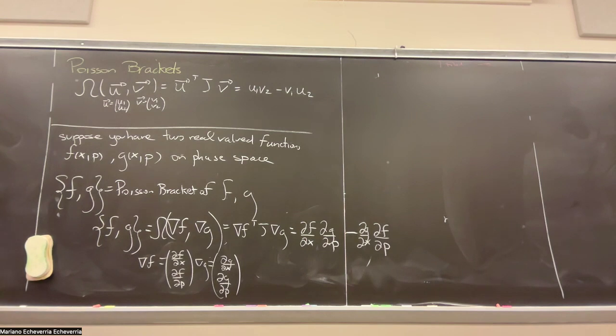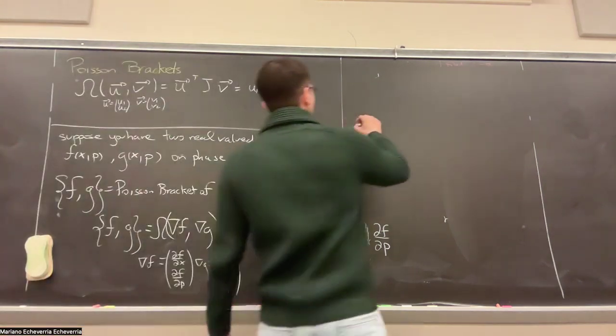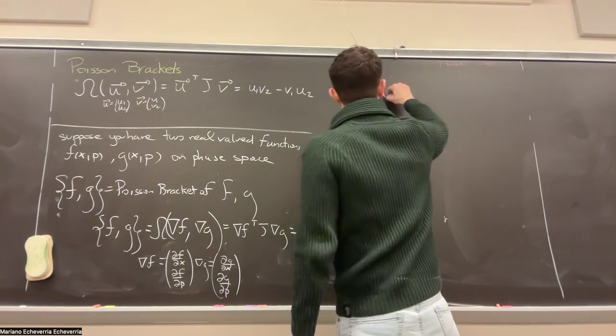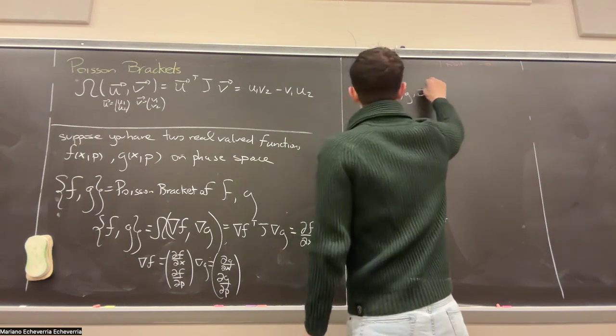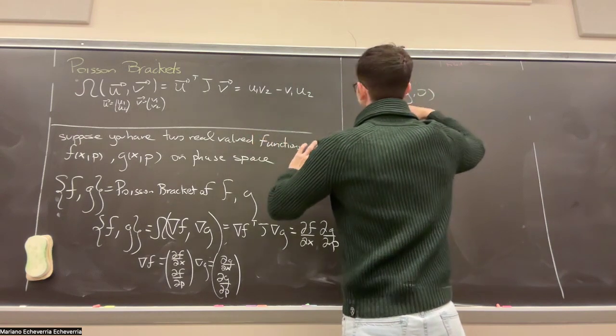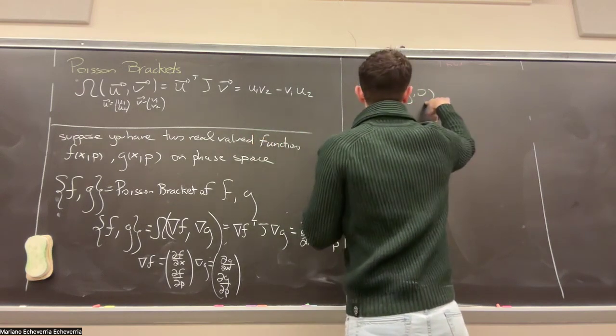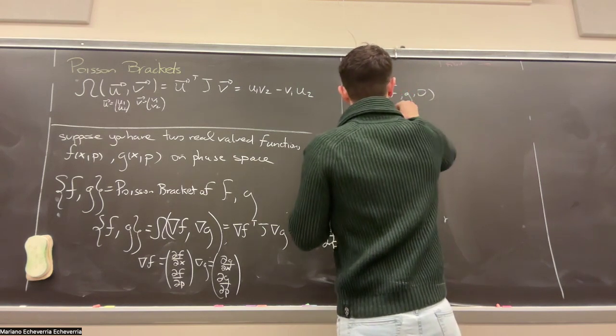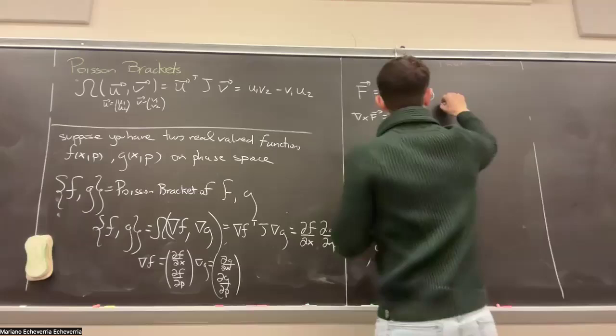If your vector field in the plane were f, g, 0, thinking of phase space as contained in R3, you can find the curl of this vector field. Does that give me the right definition?